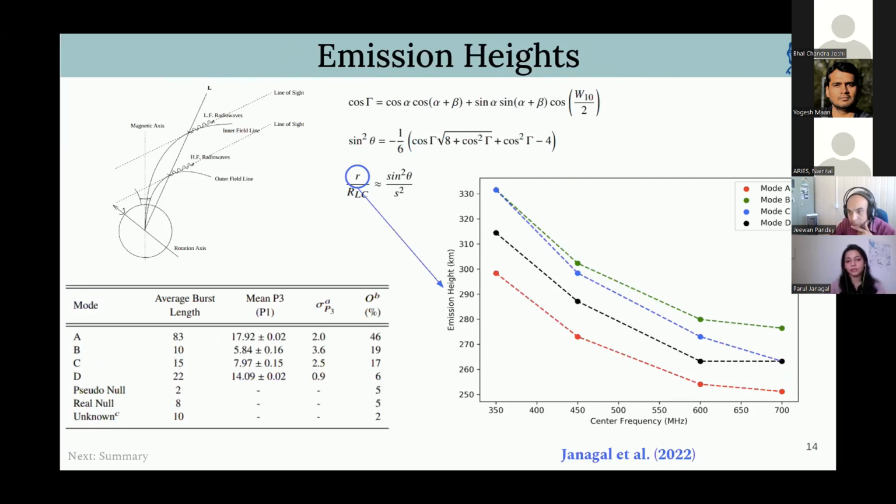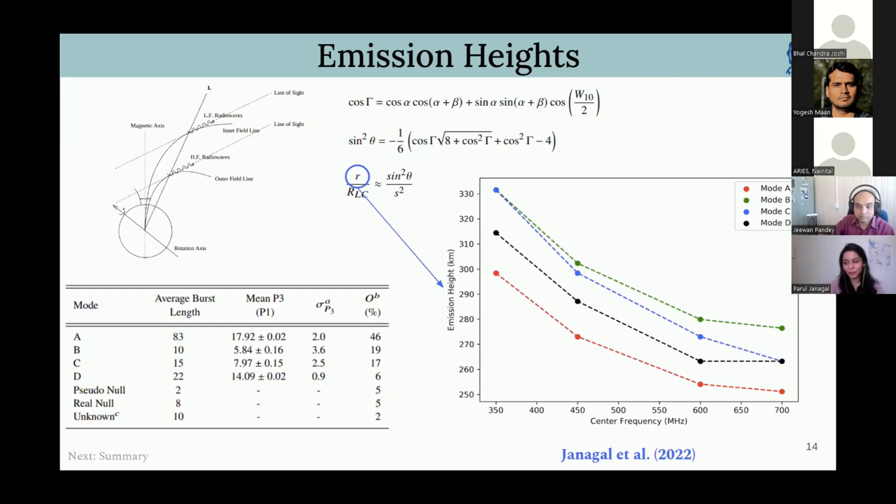And then there is a correlation between P3 and the emission heights. So it seems like there could be a correlation between the number of sparks and the heights. Now, I cannot exactly comment on what phenomena could be giving rise to this kind of dependence, but I guess that is for later studies to explore.